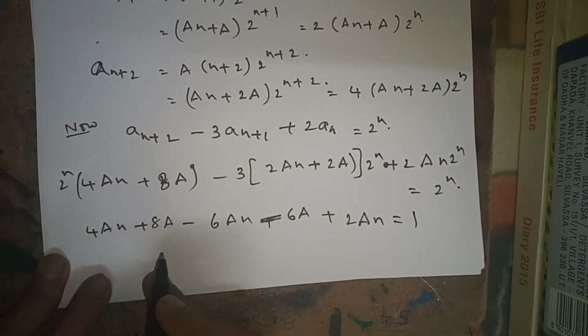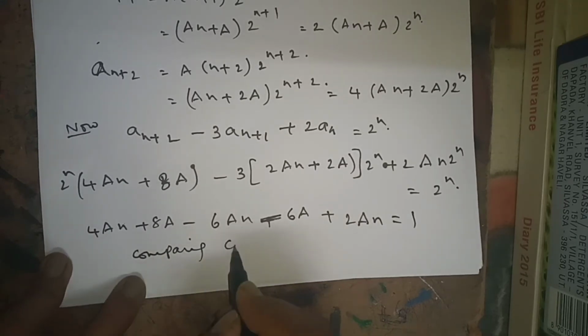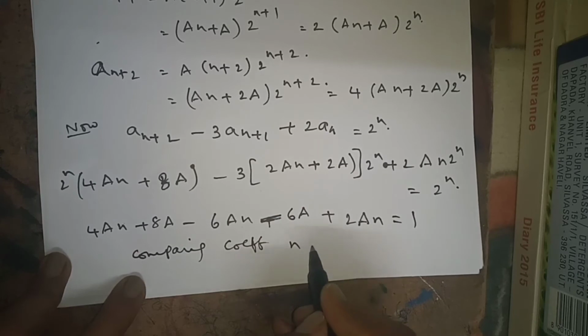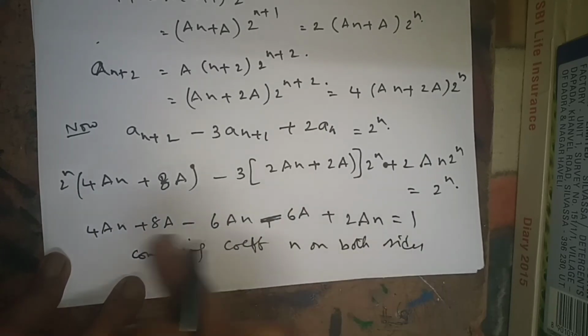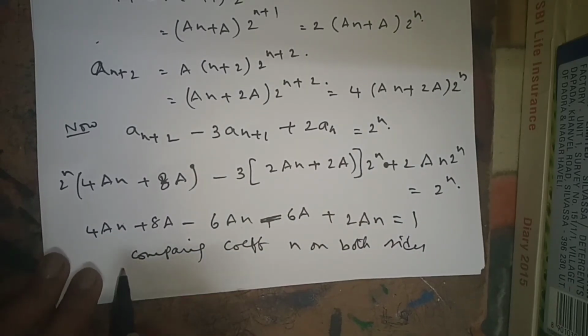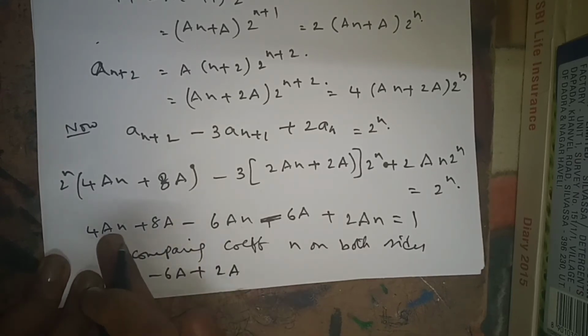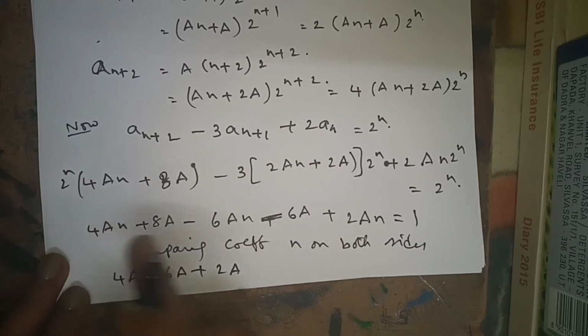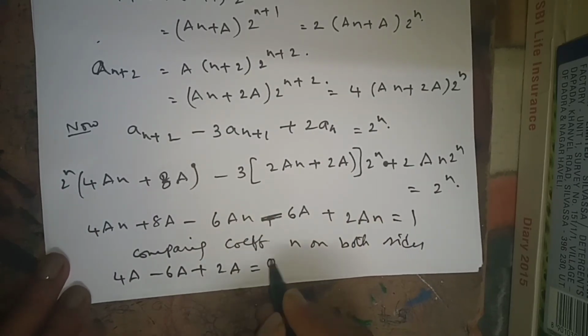Now comparing the coefficient of n on both sides. Observe this one. Comparing both sides, the coefficient of n: 4a minus 6a plus 2a is equal to 0.